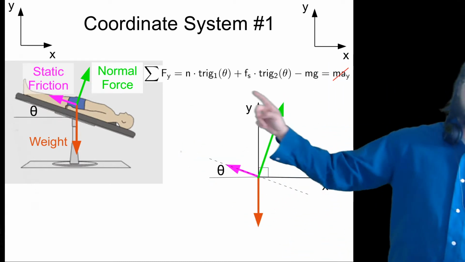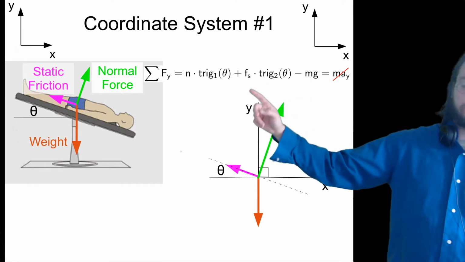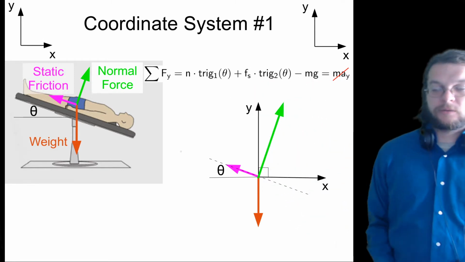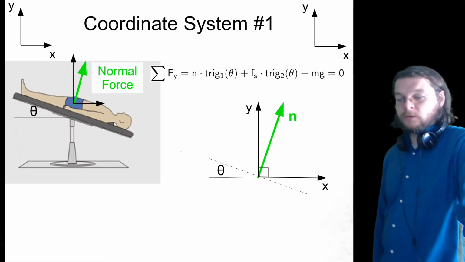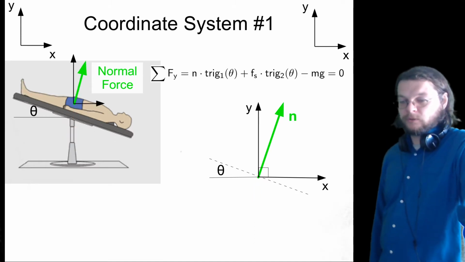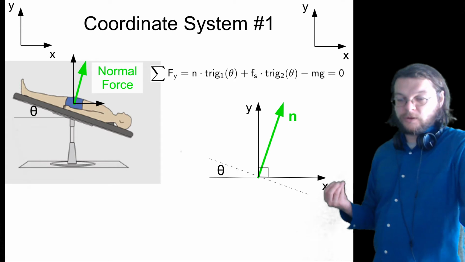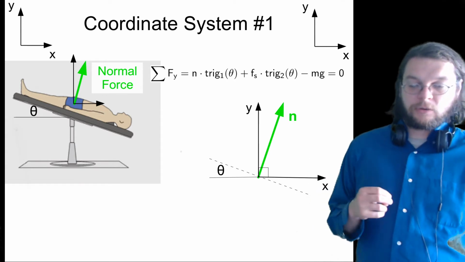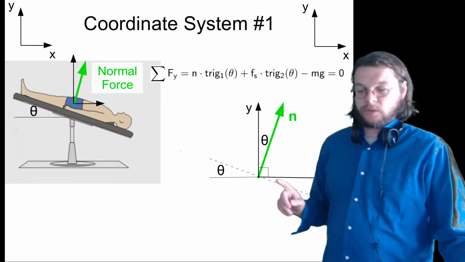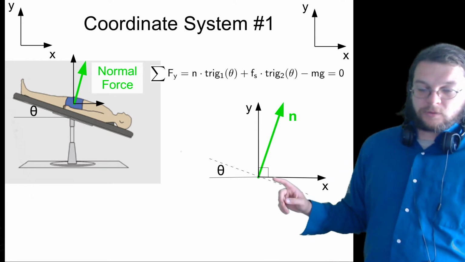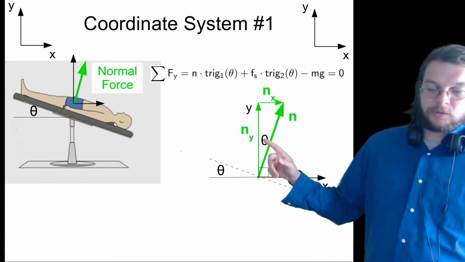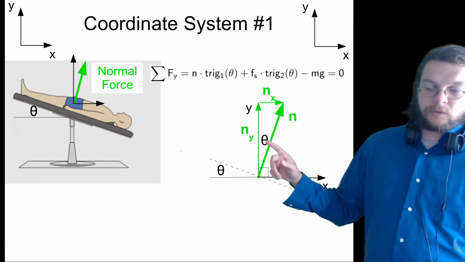All right, so now we've got to figure out what these trig functions are. So what we're going to do is break these things down into two little triangles. So let's take the normal force. Remember from the vectors lecture, all vectors are secretly triangles. And so there's an x component of this thing and a y component of this thing. Hopefully you can convince yourself that this angle here is theta, right?